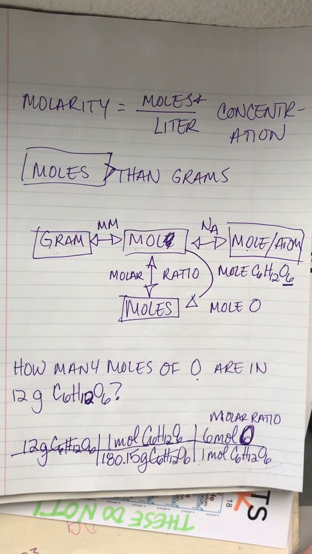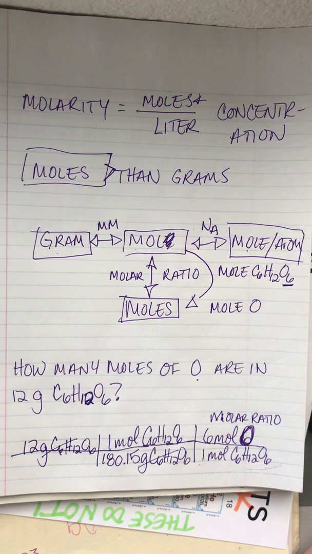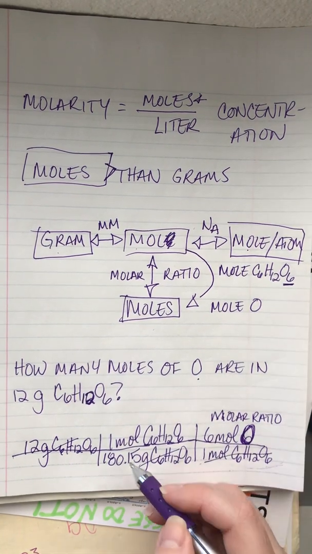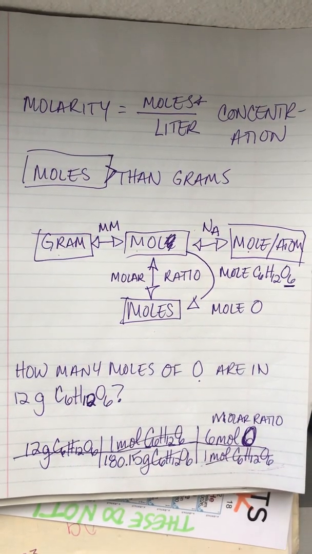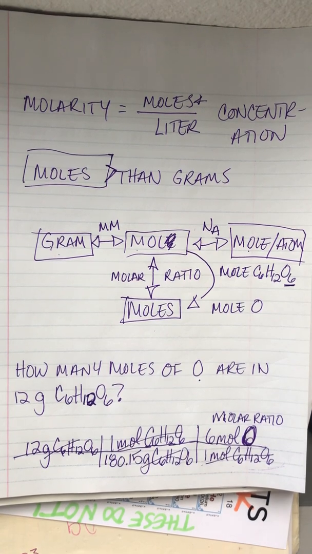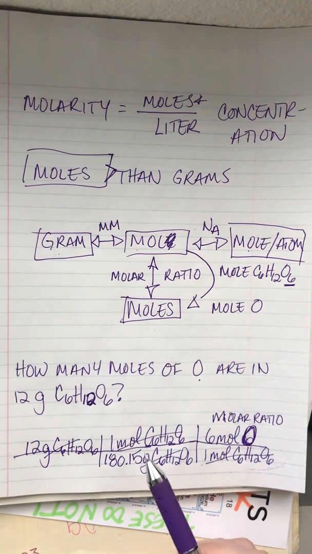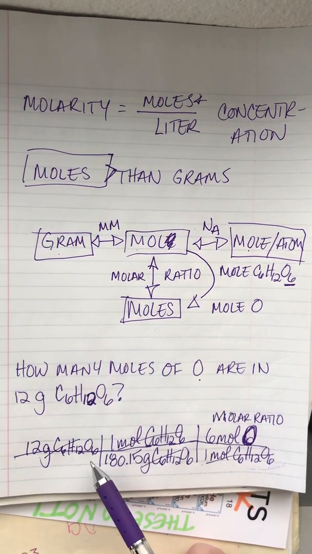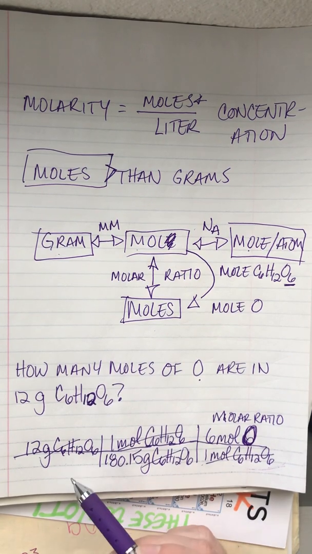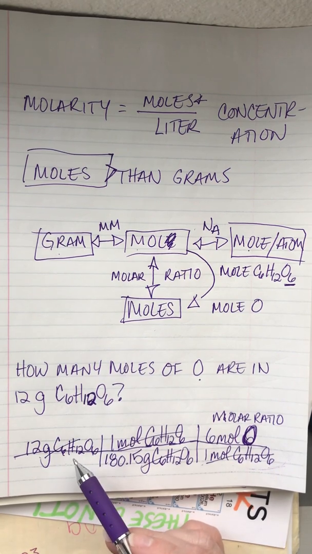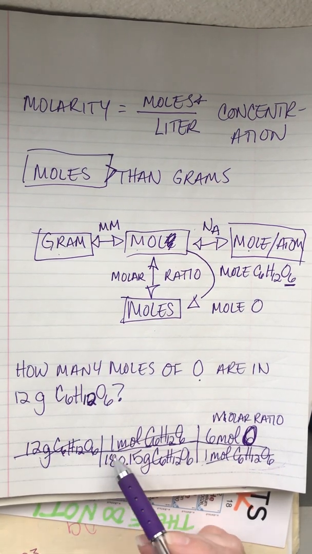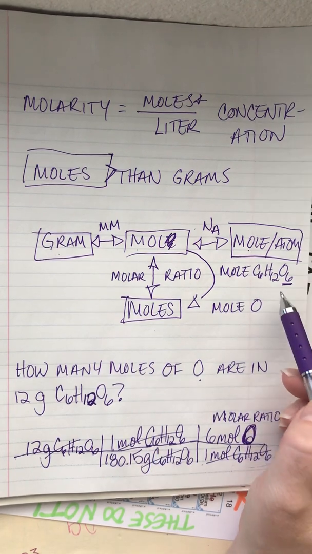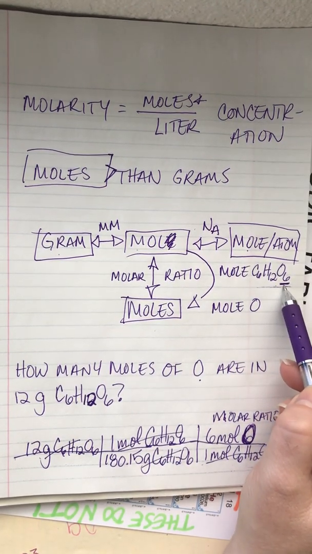Okay. Does that make sense? Cool. So it's going to come from there. When we're talking about going from moles of one thing to moles of something within this compound, that's when the molar ratio is going to come from the chemical formula, okay?